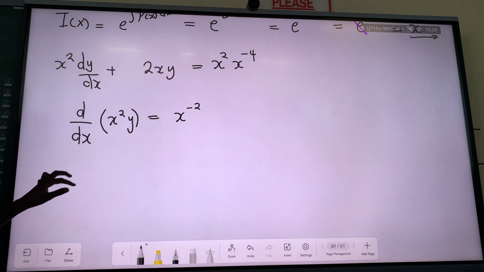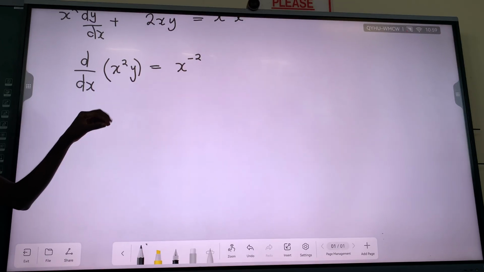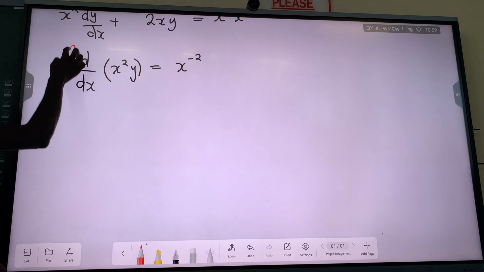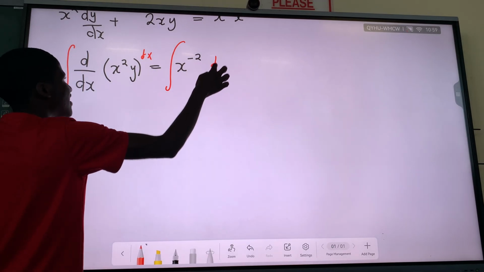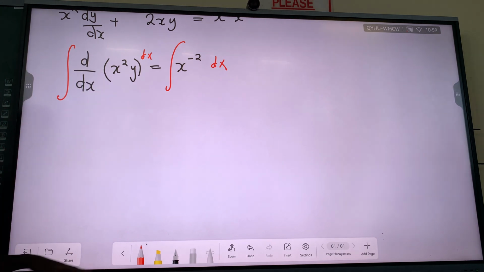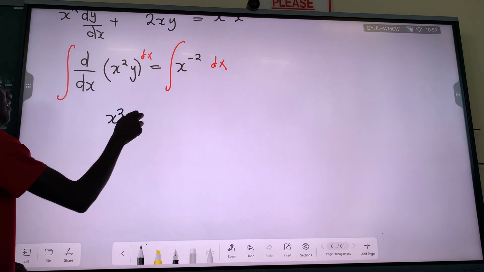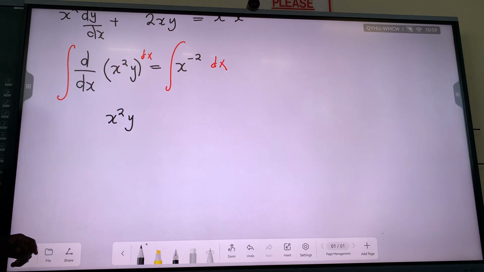Is it difficult now? So what do I do to find the solution of a differential equation, which is y? Integrate both sides. If I integrate this with respect to x on both sides, I know that the derivative and the integral cancel each other. We are left with x squared y, because this derivative and this integral cancel each other off.